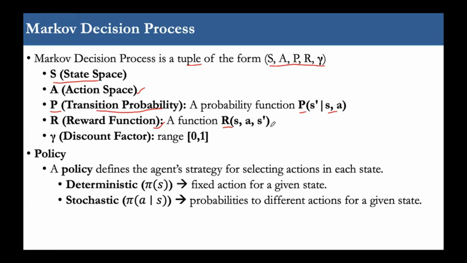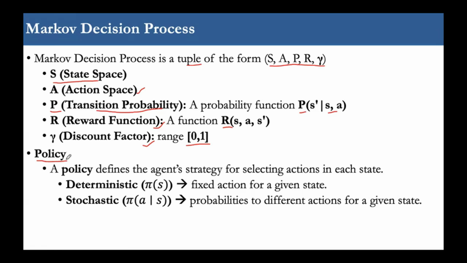This assigns a reward for moving from the current state S to the next state S dash by doing an action A. The last tuple we have is gamma, which is said to be a discount factor. This discount factor is a value which ranges between 0 to 1. This determines the importance of the future rewards.